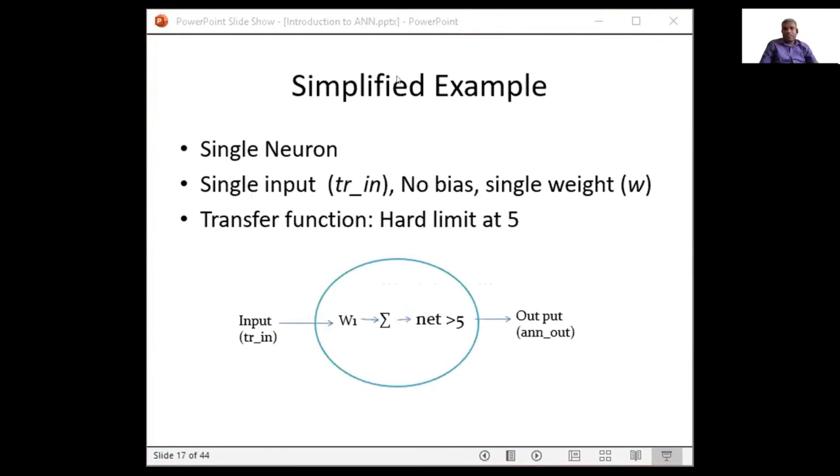But for the time being, we'll assume this is the neuron because it will make it much easier for you to understand the process. And you may also note that this example can be easily solved using conventional programming. So the rule of thumb is, if a problem can be solved using conventional programming, don't apply soft computing to it.